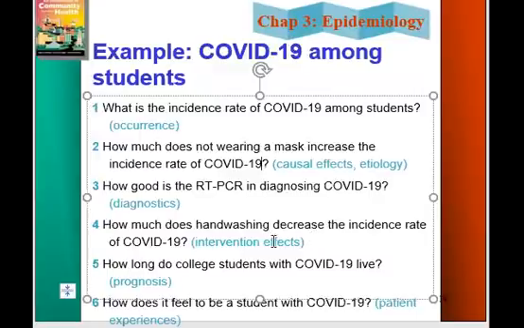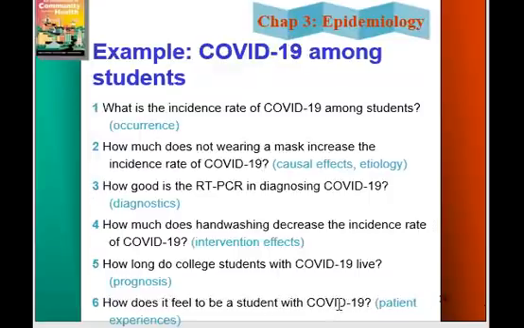So, going back, this is an example of intervention effects. For prognosis, how long do college students with COVID-19 live? Diba? So that's an example for prognosis na class of research question. And the last, patient experiences. How does it feel to be a student with COVID-19? So we're looking here sa experiences ng pasyente. Okay?